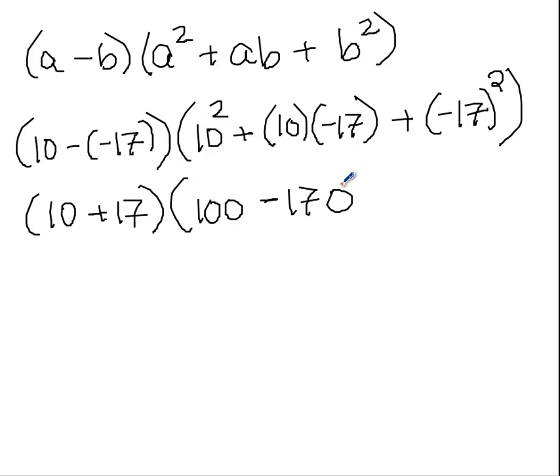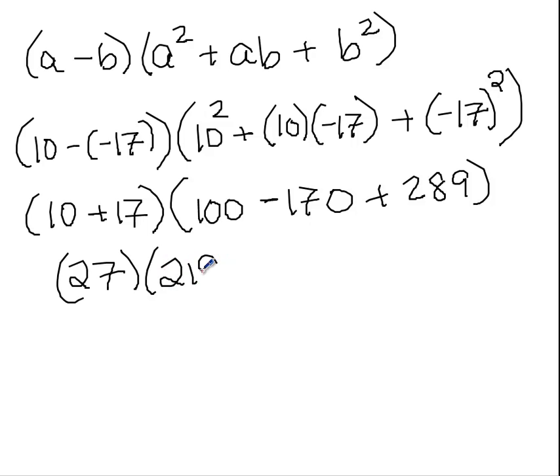And negative 17 squared gives me 289. 10 plus 17 will be 27. And when I do 100 minus 170 plus 289, I get 219. When I multiply these two numbers together, I get 5,913.